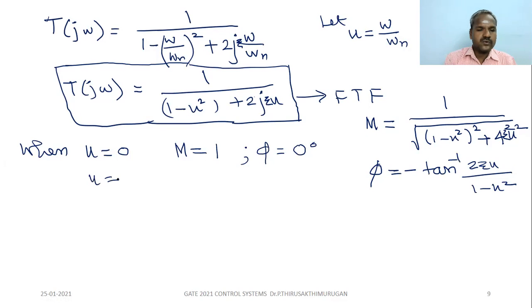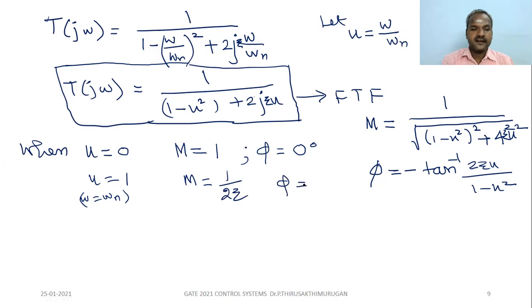When u equal to 1, that means omega equal to omega n. Let us substitute when u equal to 1. So what is magnitude? 1 minus 1, 0, plus 4 zeta square, 1 by 2 zeta. So 1 by 2 zeta.